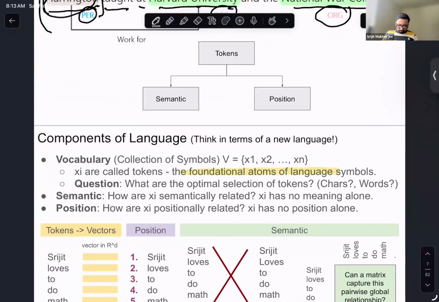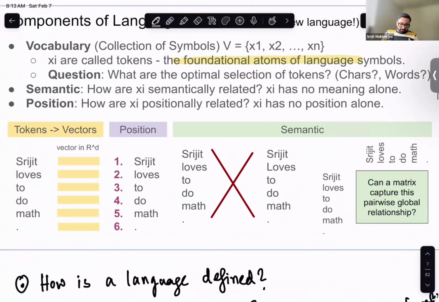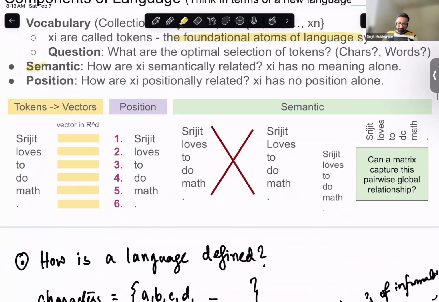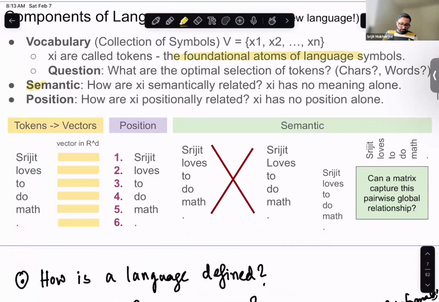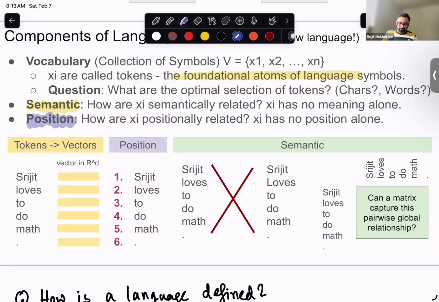Okay, now let's understand this a bit. As I said, there are two concepts to learn in language for each of these x_i, or what I called v_i there. One is semantic information and one is positional information. Semantic information says how these x_i are semantically related. Again, it's a relationship.